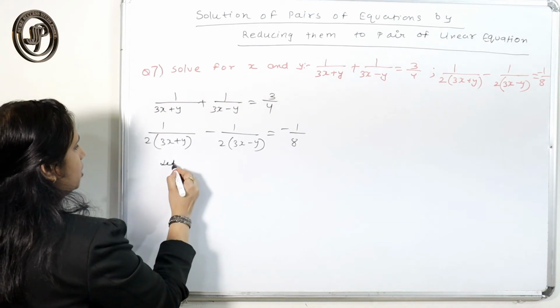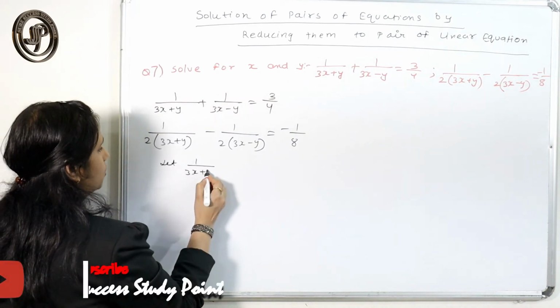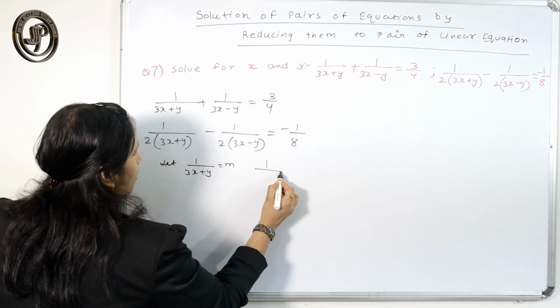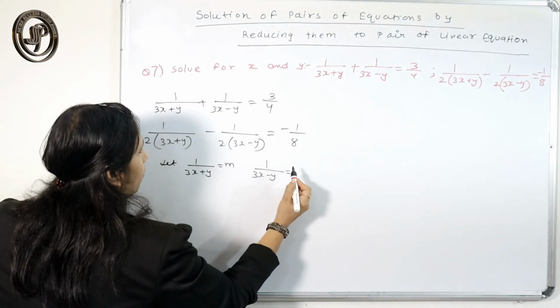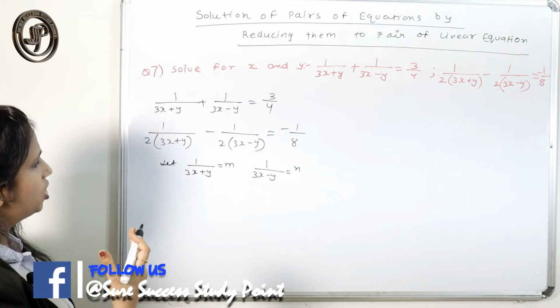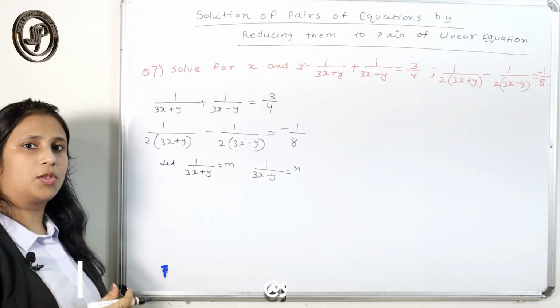So, you can substitute 1 upon 3x plus y as m, and whatever other common thing you found in the question, you consider as another variable.